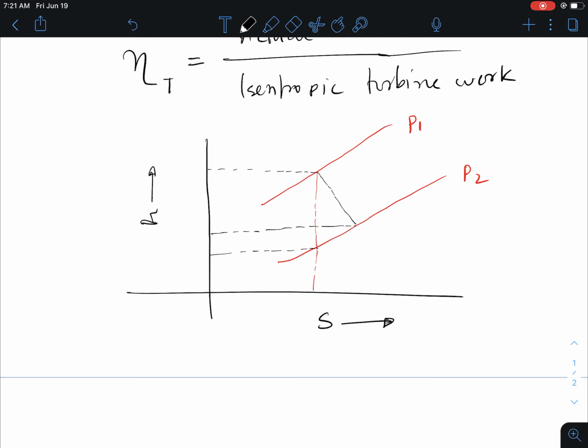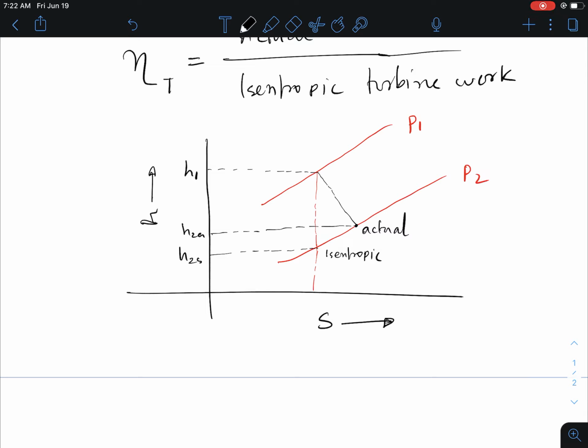Let's consider this enthalpy for state 1. This is H1, and this one is actual and this one is isentropic. So in the isentropic case, we'll express this one as 2s and the actual as 2a.